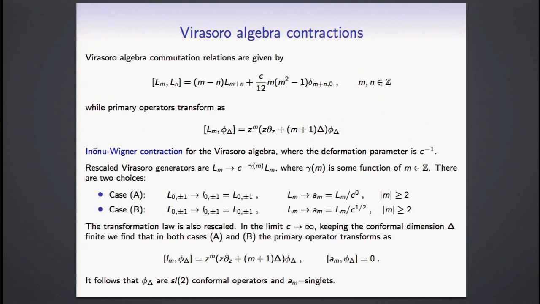So now let me remind you what the Inonu-Wigner contraction is. This is a kind of limiting operation: if you have an algebra, and this algebra is parameterized by some small parameter, then you can send this parameter to 0 to obtain another algebra.